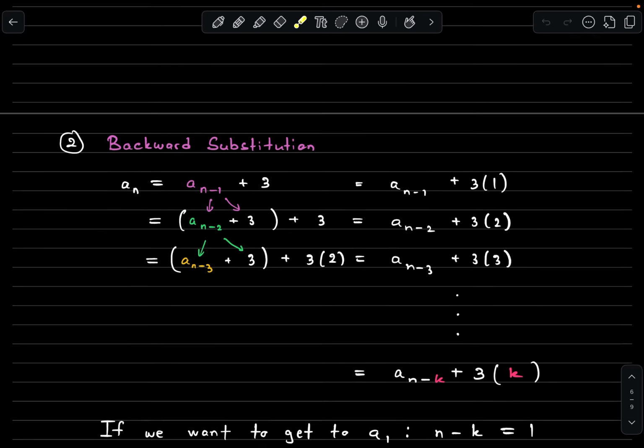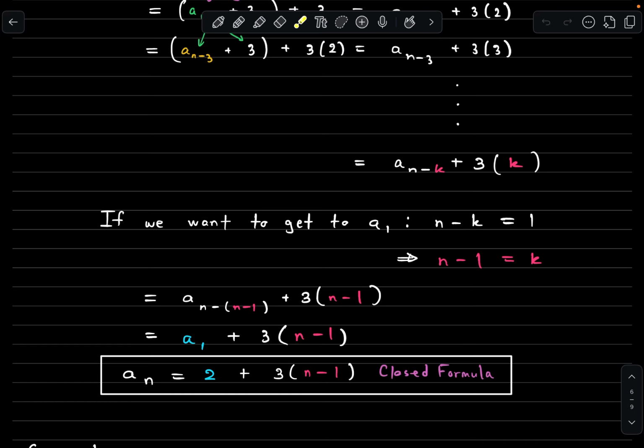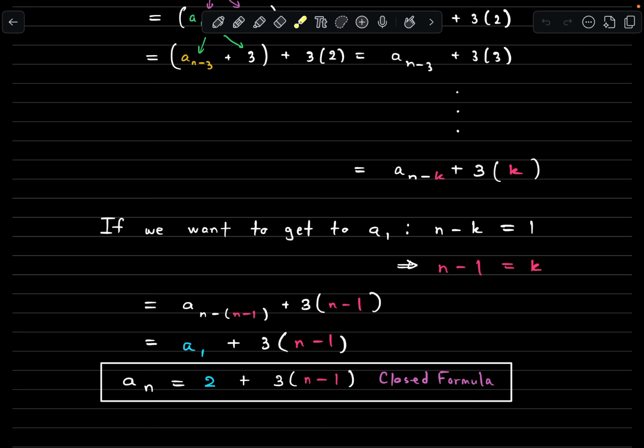So we happen upon the same formula: a sub n is equal to 2, our initial condition, plus 3 times n minus 1. In this case, backward substitution looked a little more complicated, but for certain recurrence relations that you might come across, this might be the easier approach. So those are 2 methods for determining that closed formula, which does not depend on any previous terms, just your index.